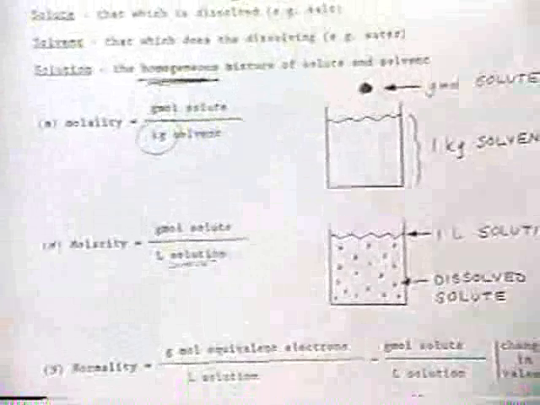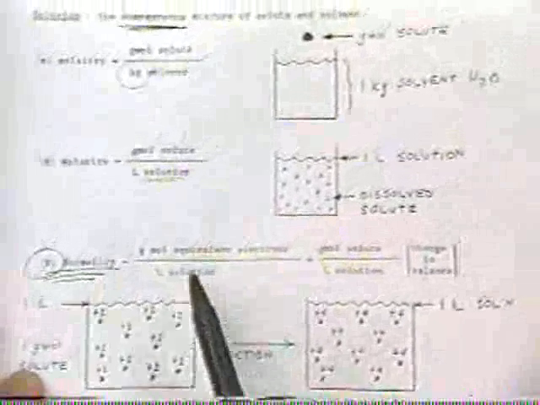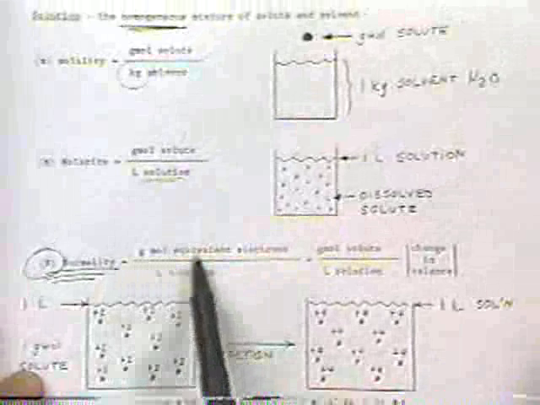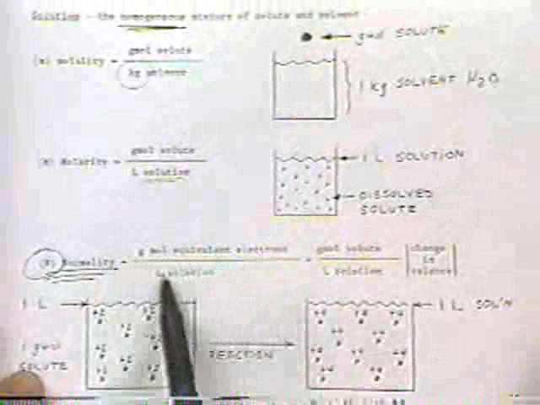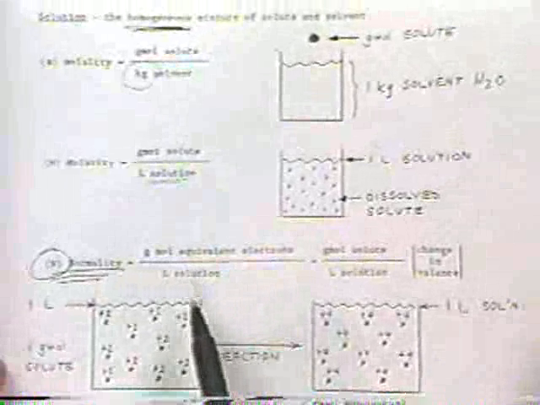Well, those are fairly straightforward definitions, but what gives people a lot of trouble is normality, which is abbreviated capital N. And I went to my chemistry textbook and looked up the definition of normality, and it says gram moles of equivalent electrons per liter of solution.